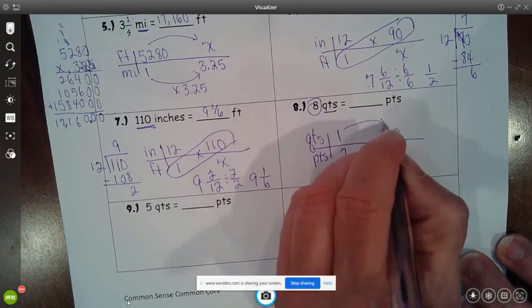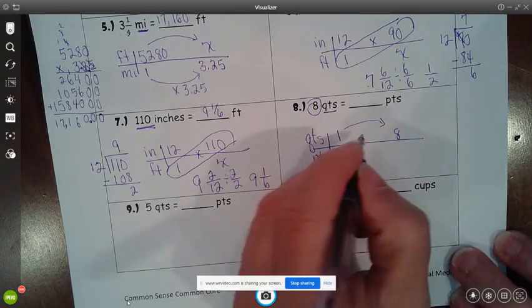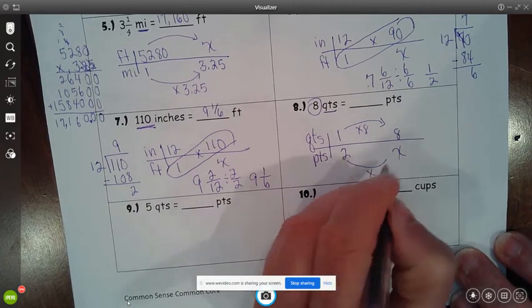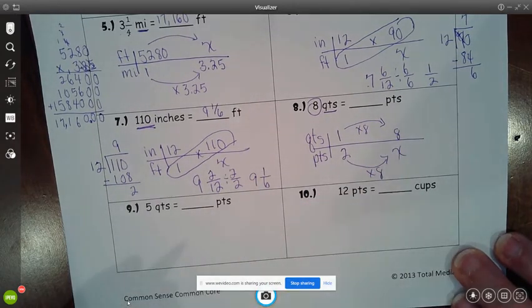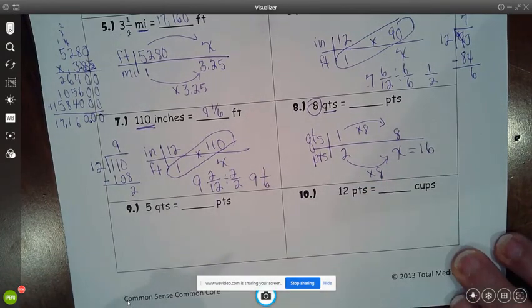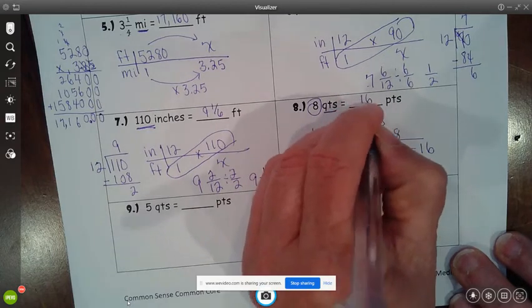Everybody recognize the scale factor? Times 8. The unknown times 8. 2 times 8 is 16, so 8 quarts is equivalent to 16 pints.